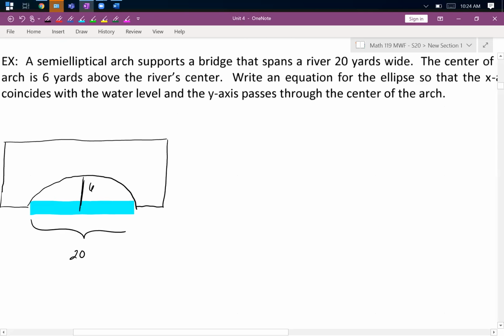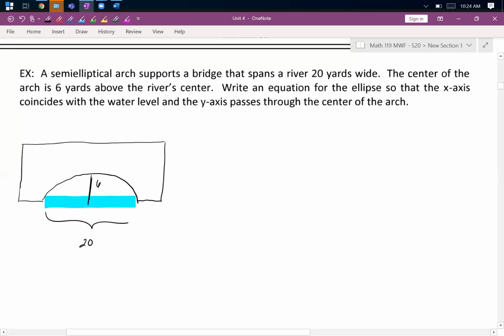And we want to write an equation so that the x-axis coincides with the water level and the y-axis passes through the center. Even if the directions did not say that, I would totally do this. When writing the equation of any of these conics, it's always easier to have the center at the origin than to have it at some point off of the origin. So we're just going to put the Cartesian plane in a place where it forces that to happen.